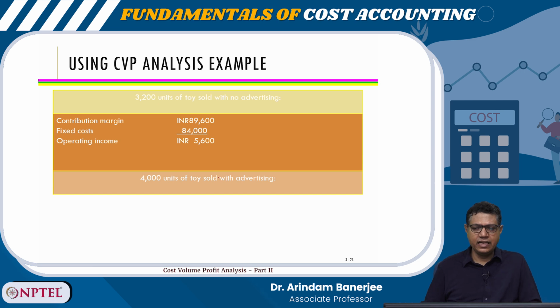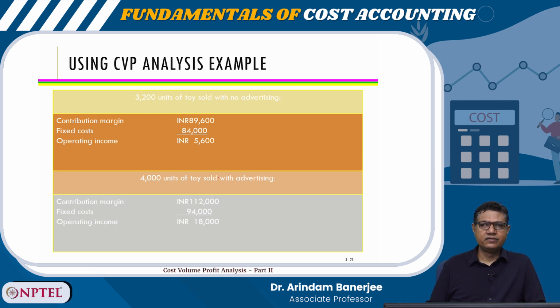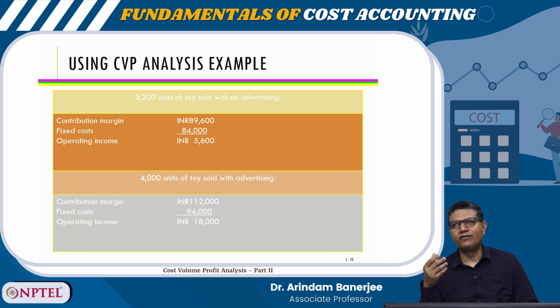If I sell 4,000 units with advertisement, my contribution margin will increase to 1,12,000, but at the same time advertising is a fixed cost, right. If I give a print advertisement in a newspaper, or a television or radio advertisement, that cost will remain the same whether I am able to sell 10 units or 100 units or 1000 units.